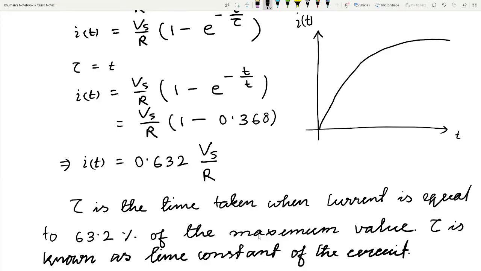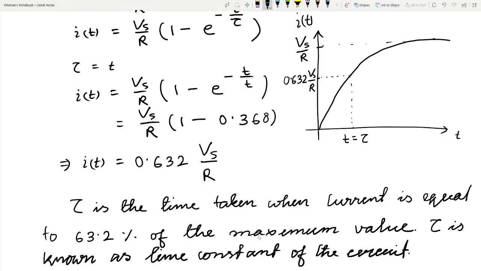Okay, the maximum value will be Vs by R. And at t equal to tau, this will be 63%, so here t is equal to tau and this is 0.632 Vs by R.